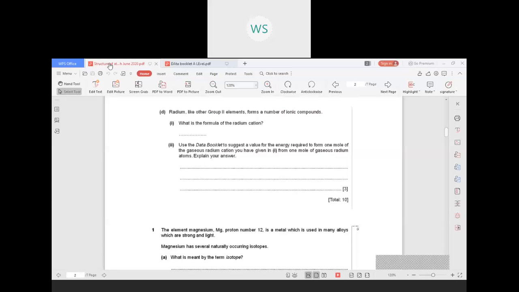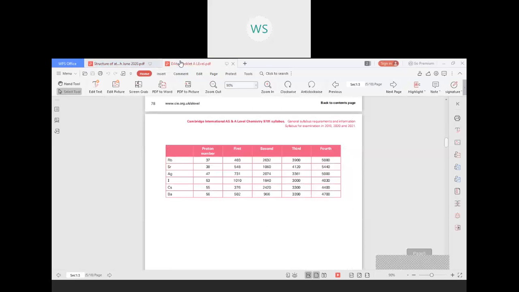Braden, what is your prediction of the first ionization energy? What is your prediction for the value of the first ionization energy of radium?